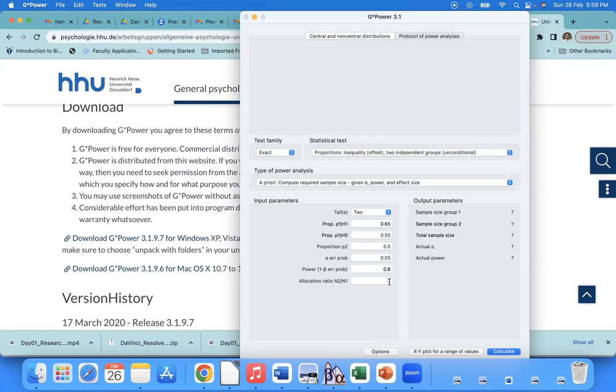Power is 0.8. The allocation ratio for group 2 is 1:1. So that's the sample size, and you can put that.